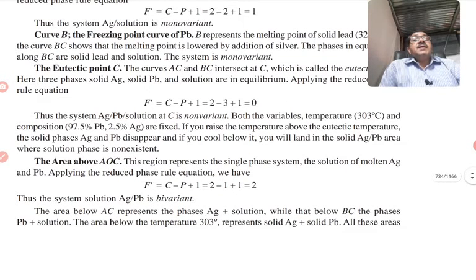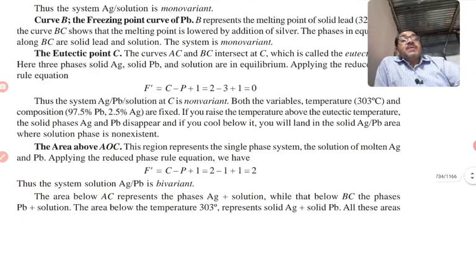Now, when we consider the different types of area, the area above ACB represents the single phase system, the solution of molten Ag and Pb. Applying the reduced phase rule equation, f dash is equal to C minus P plus 1 is equal to 2 minus 1 plus 1 is equal to 2. Thus the system solution AgPb is bivariant.